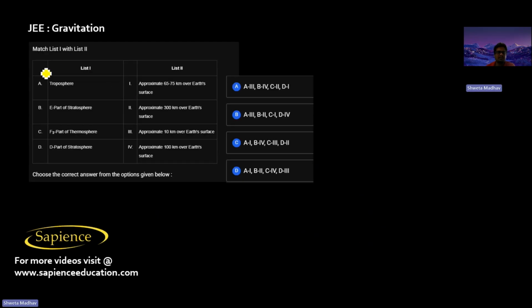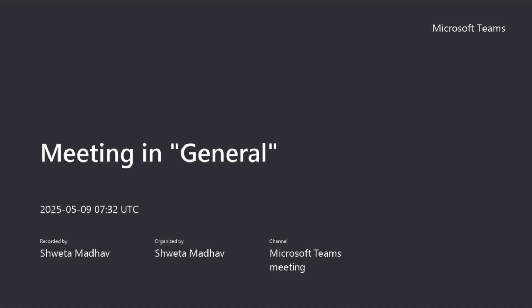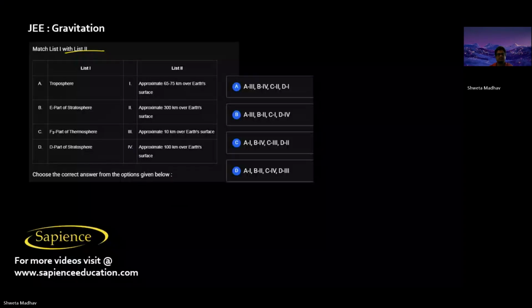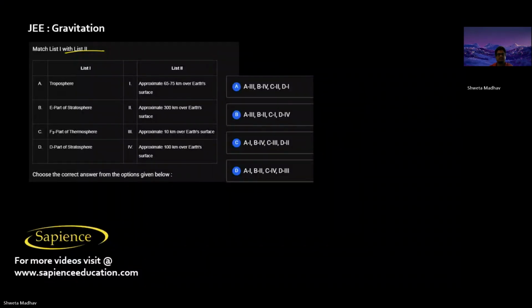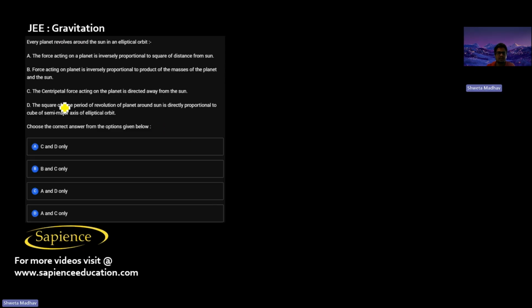Here it is told to match list 1 with list 2. Every planet revolves around the sun in an elliptical orbit.